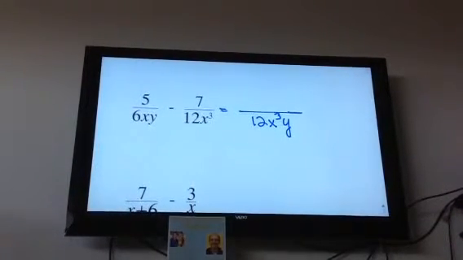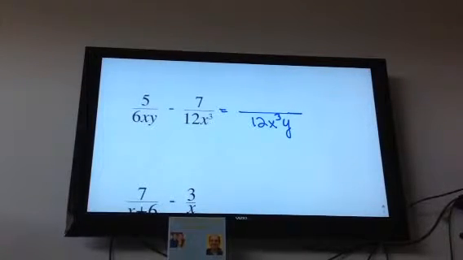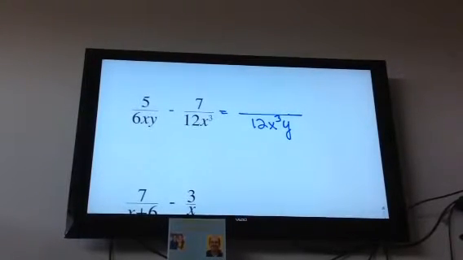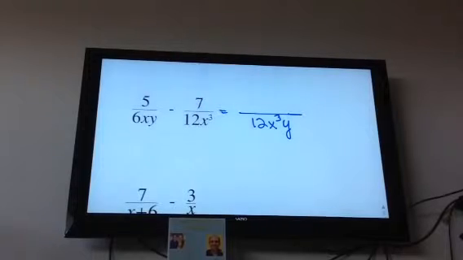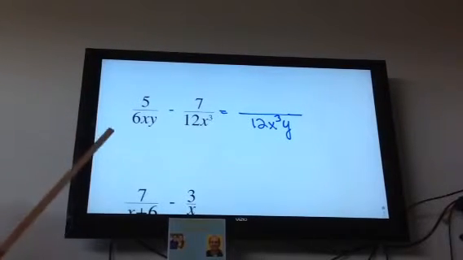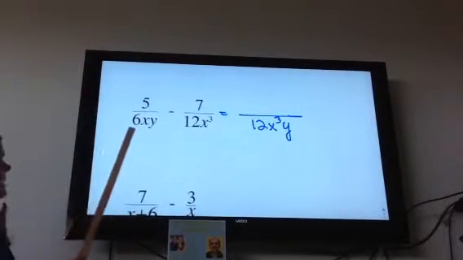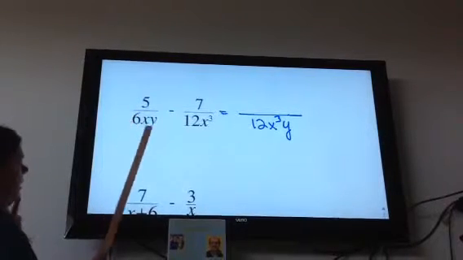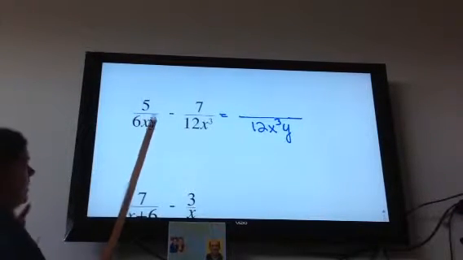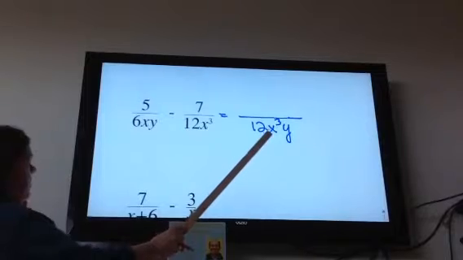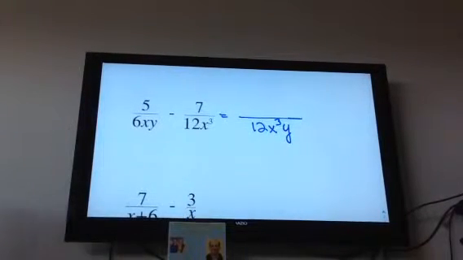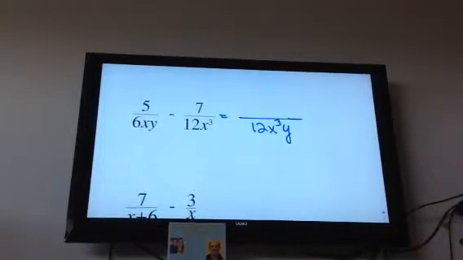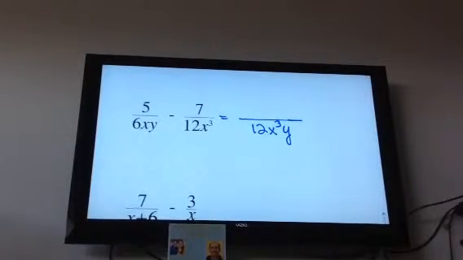So, I'm kind of going to put two steps into one, so we don't have as much writing to do. Now, what I do is I look at the denominators and compare them to the common denominator. So what does 6xy need to be multiplied by to be 12x to the third y? Kind of like this is what I want you to be thinking of.